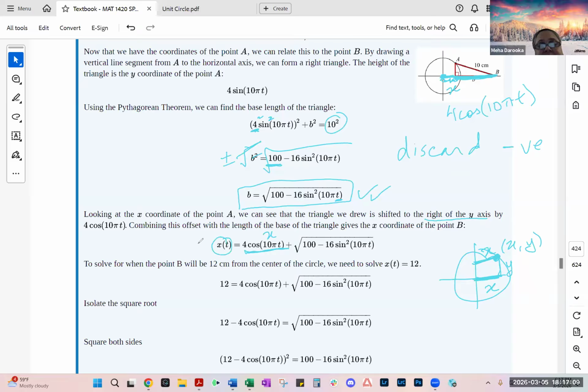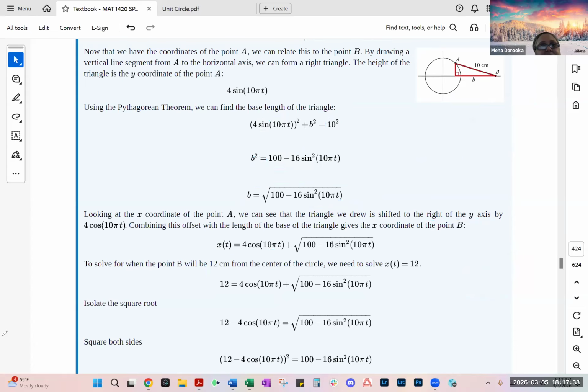So we know this value has to be 12. You can see in this equation, you replace your x of t with 12. Then we are going to be solving it backwards, because now we need to get the value of t by itself. So we need to isolate the t. And again, guys, at this point, we're just doing algebra. But since the t is in two separate places, we will need to find a way to bring them together. So let's see how we need to go about doing that.